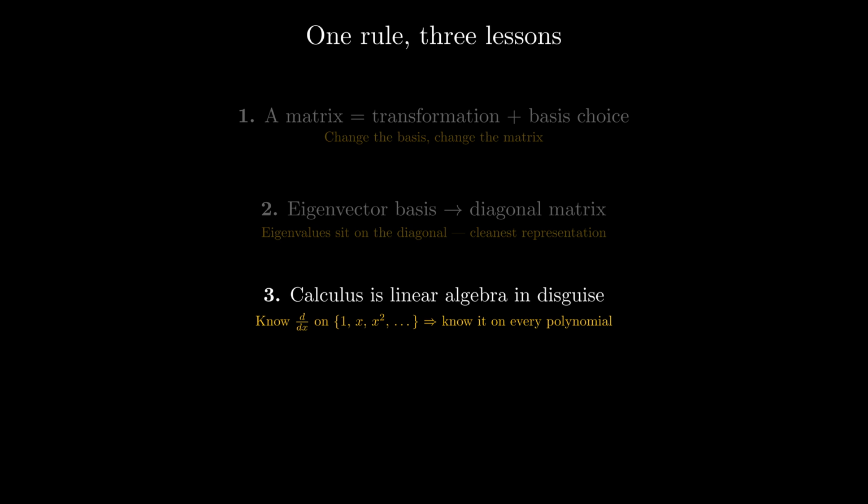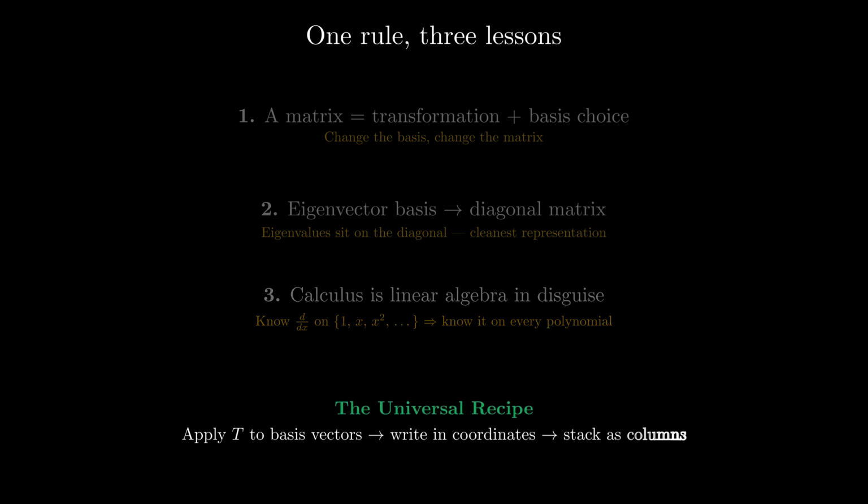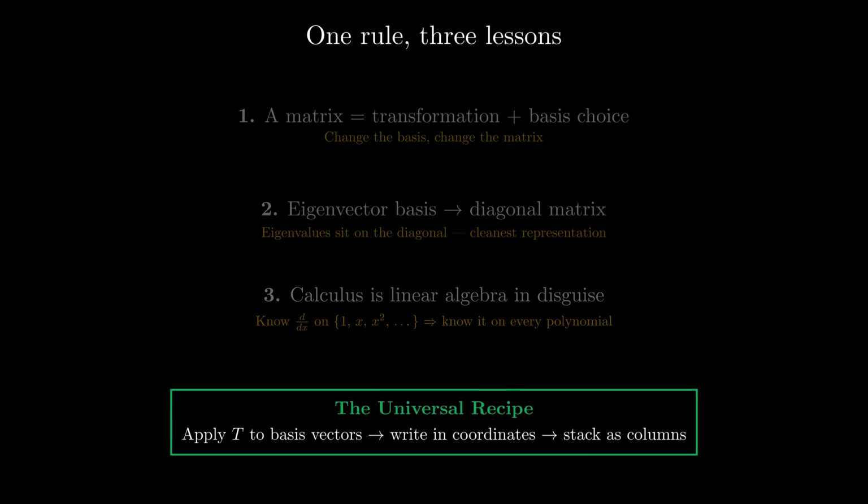Once you know the derivative on the basis 1, x, x squared, and so on, linearity hands you the derivative of every polynomial for free. Projections, rotations, derivatives, integrals, all of it lives under a single recipe. Apply T to the basis vectors, write the answers in coordinates, stack them as columns. That's the matrix.